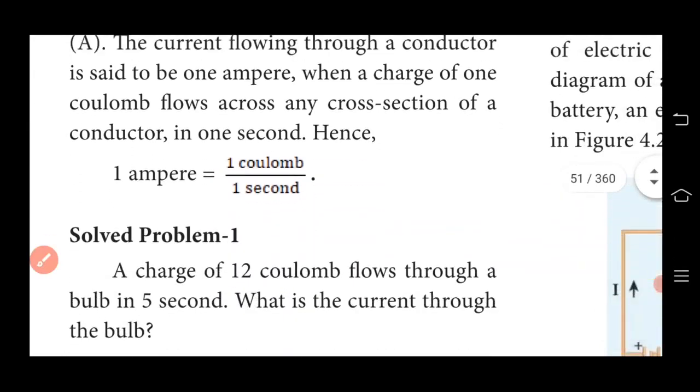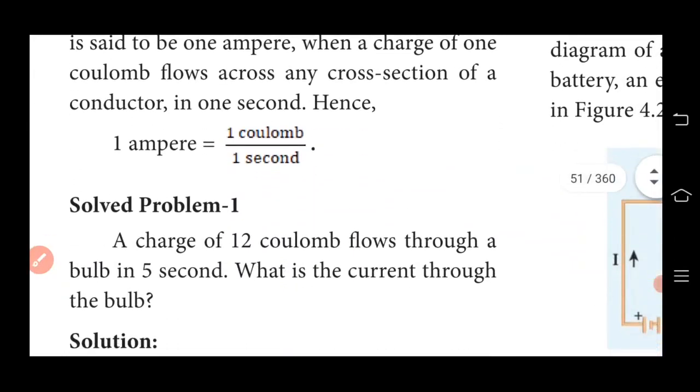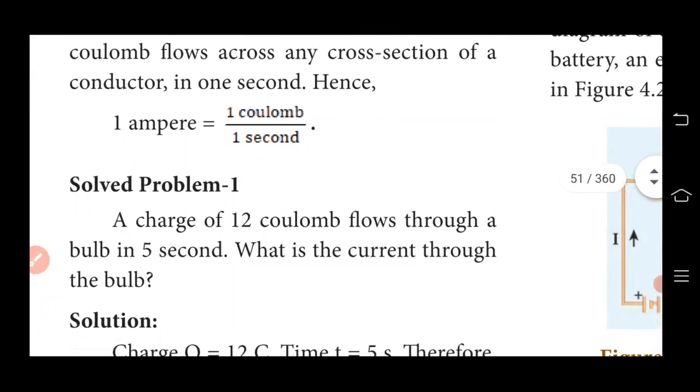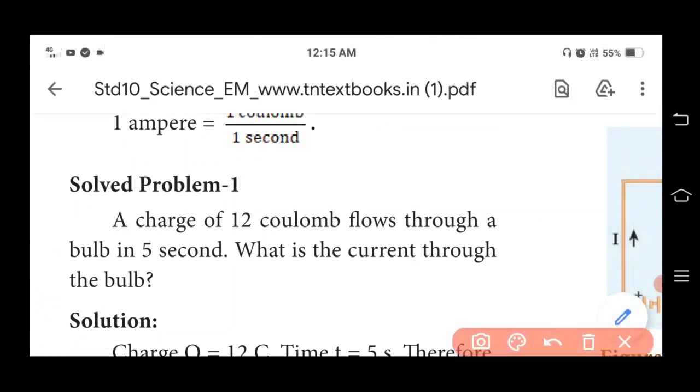And then here is a solved problem to find the current. How much current is flowing? A charge of 12 coulomb flows through a bulb in 5 seconds. What is the current through the bulb?